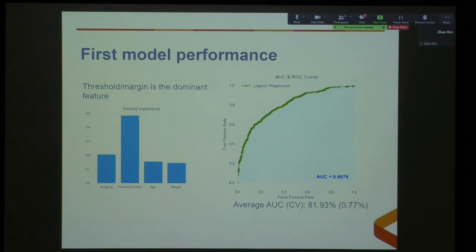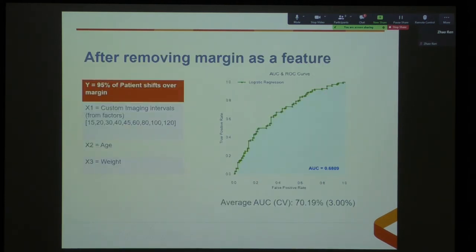Performance of the first model was really not too bad. However, the problem with this, as you can see, is it's really learning mostly off of the margin. So I have really not a lot of way of knowing what's going on with these other features and how predictive they are. So I took it out. And this is the performance just with a logistic regression.